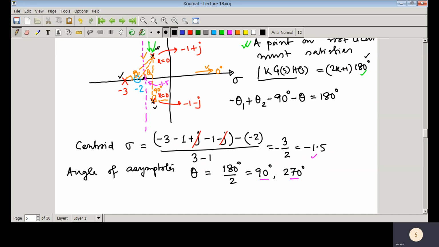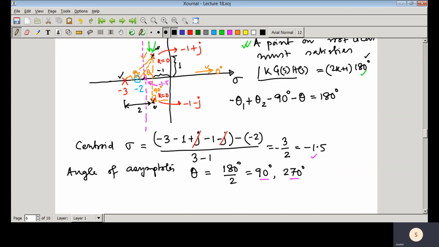So let us see what theta 1 is. Here we can find theta 1. This particular length is 1, and here we can see that this length is also 1. So from here to here, this length is coming to 2.